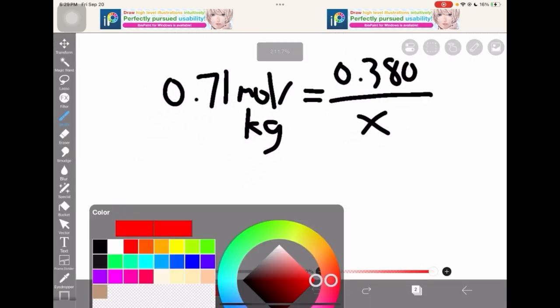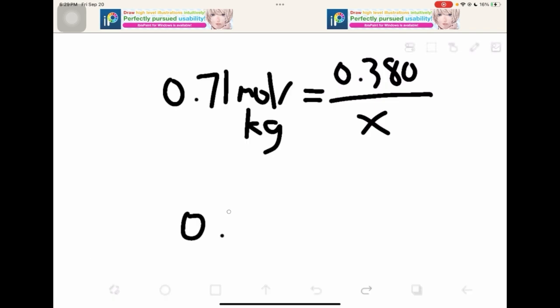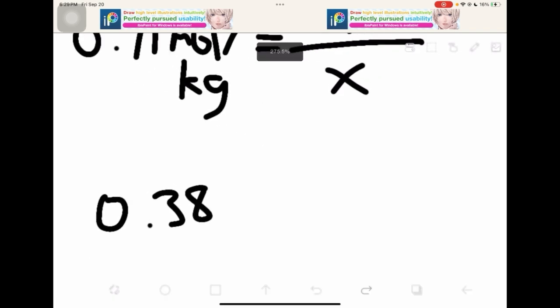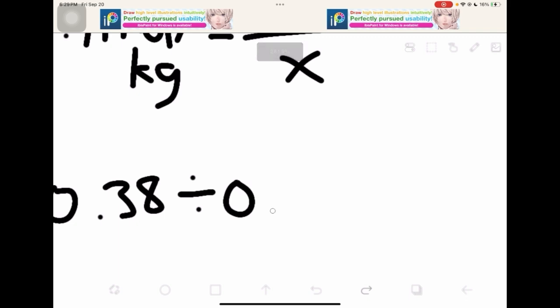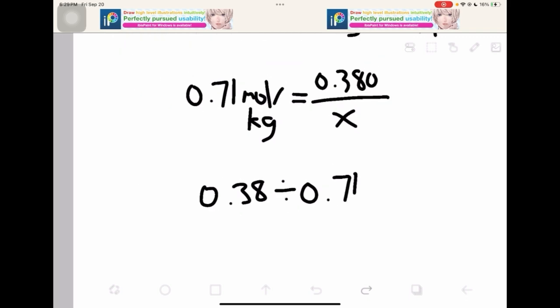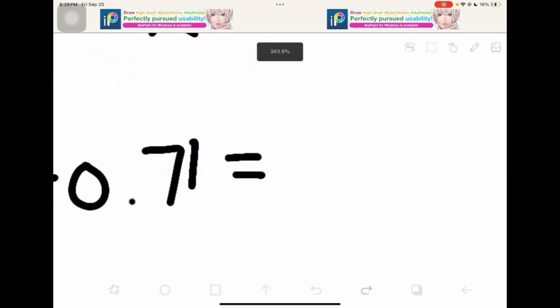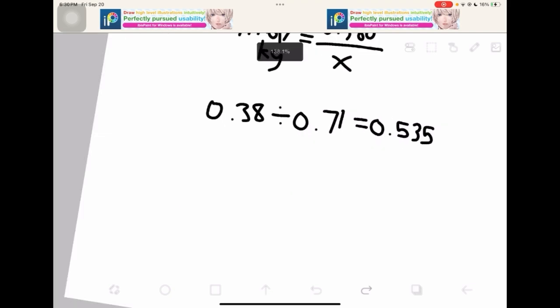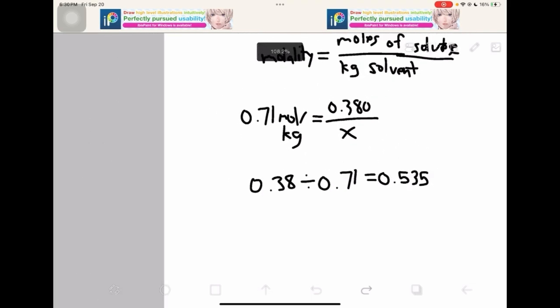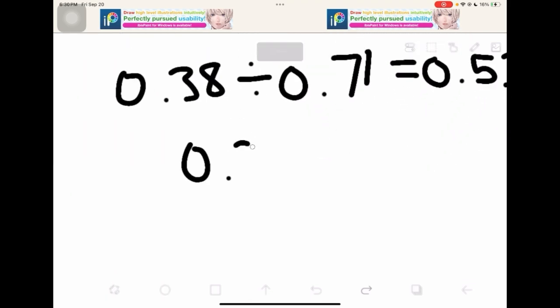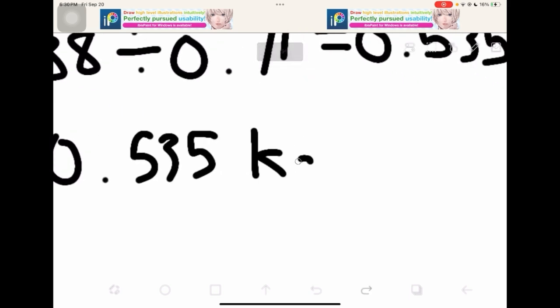So you will get 0.38 divided by 0.71. Once you plug that into your calculator, it's equal to about 0.535. And then you already have your answer. That's going to be 0.535 kilograms of water.